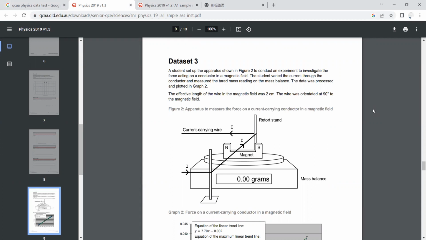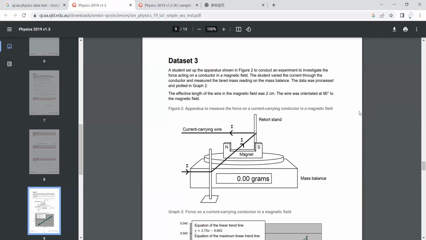The student varied the current through the conductor and measured the reading on the mass balance. The data was processed and plotted in graph 2. The effective length of the wire in the magnetic field was 2 cm. The wire was oriented 90 degrees to the magnetic field.